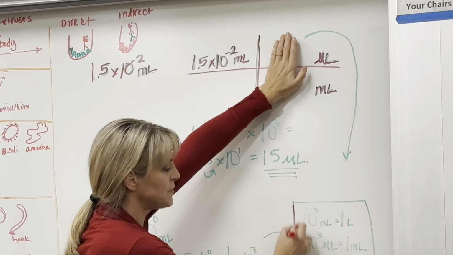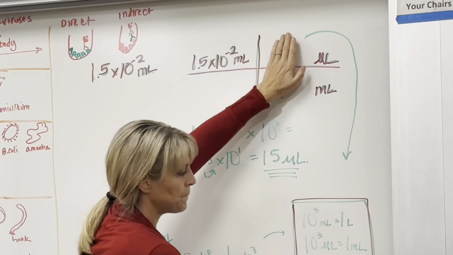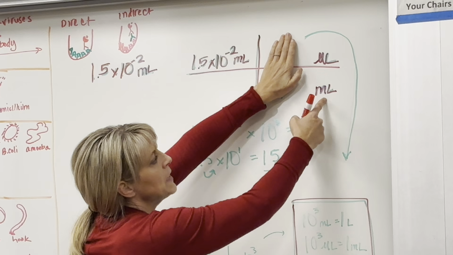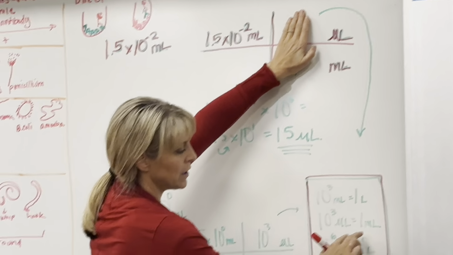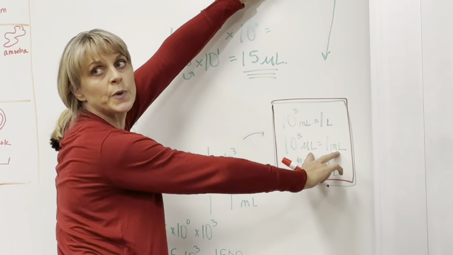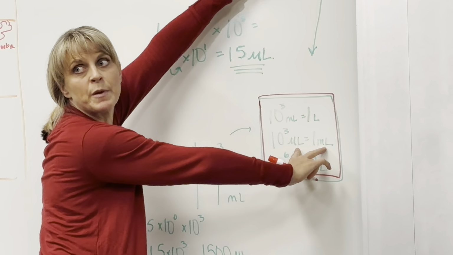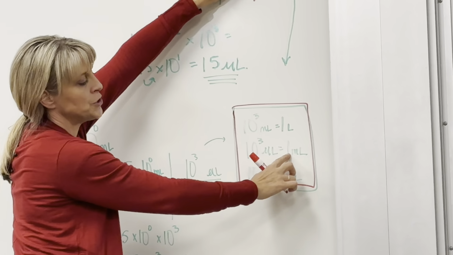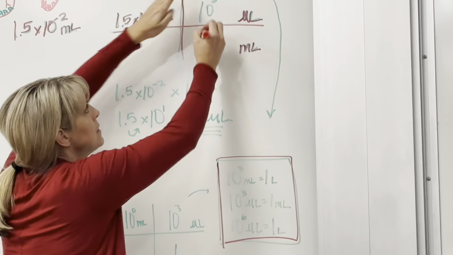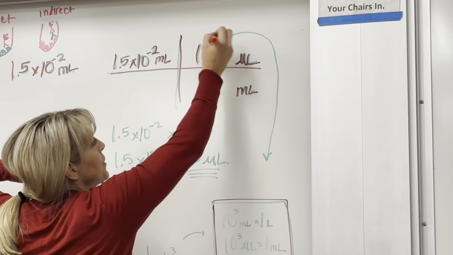Here, this is what you have to memorize. How many microliters are in a milliliter? We already have it written down. This is the only thing we have to memorize: 1 milliliter is 10 to the third microliters.